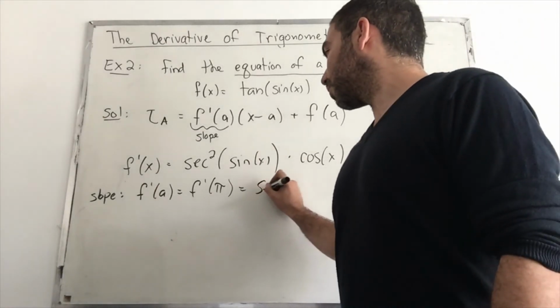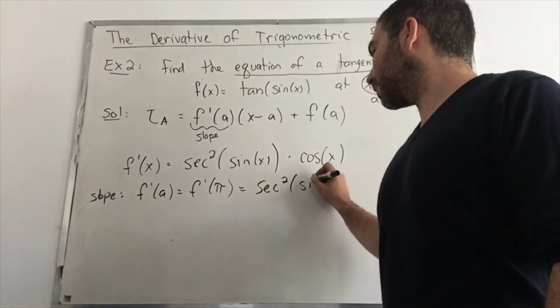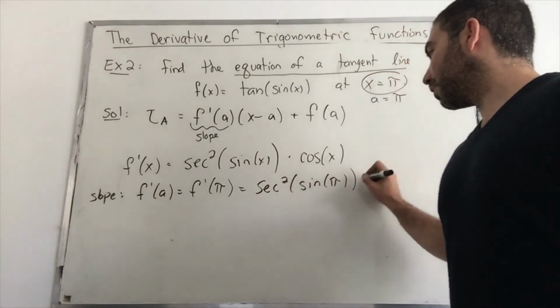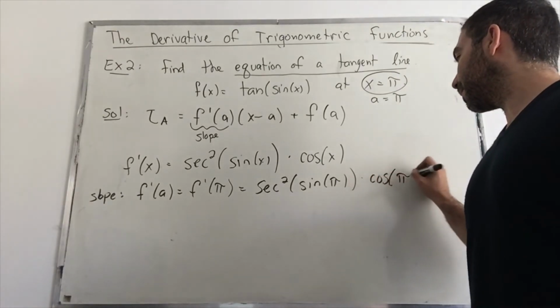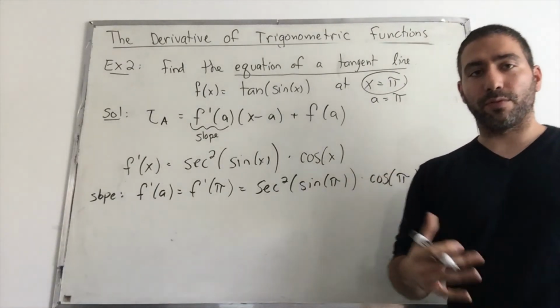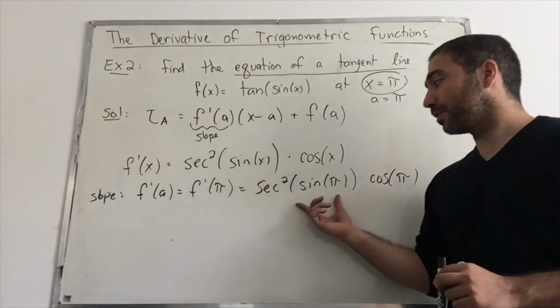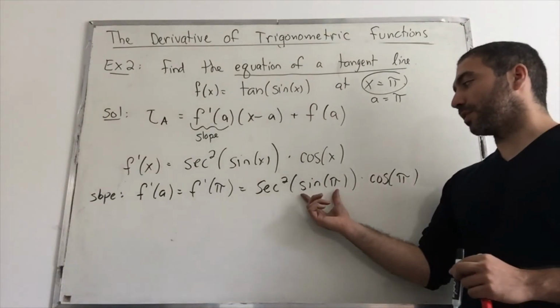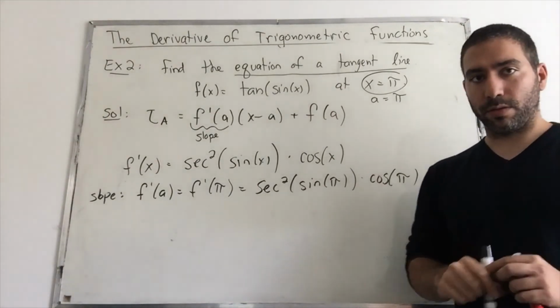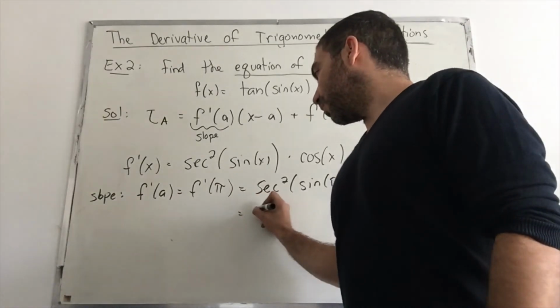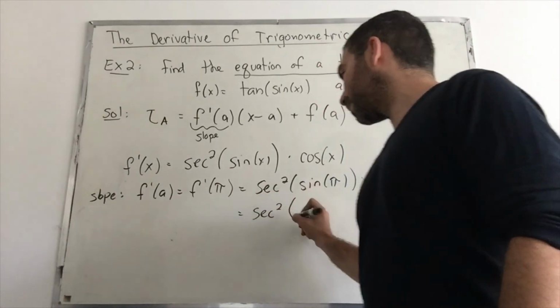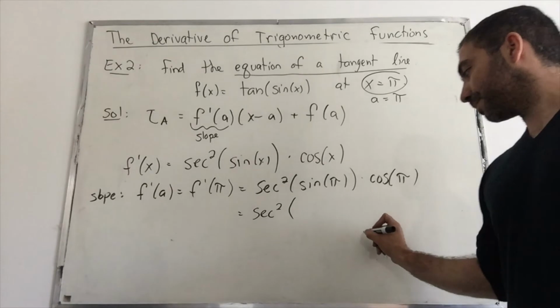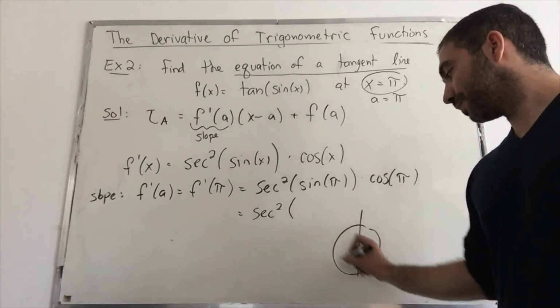So we have secant squared of sine of pi times cos of pi. Especially if you don't have a calculator, you have to have your unit circle memorized, because you have to figure out what sine of pi and cos of pi are. This is our unit circle.